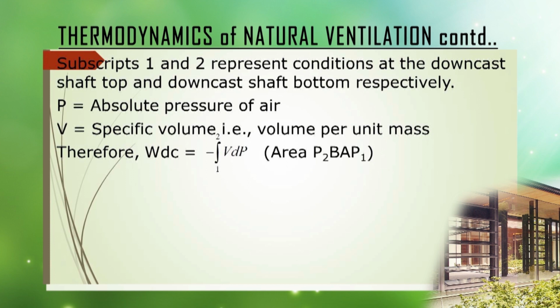Therefore, in the downcast shaft work done is minus integral 1 to 2 V dP. This is area P2 B A P1.